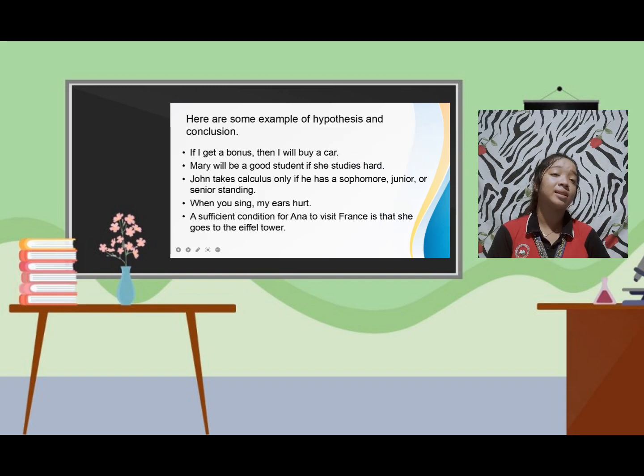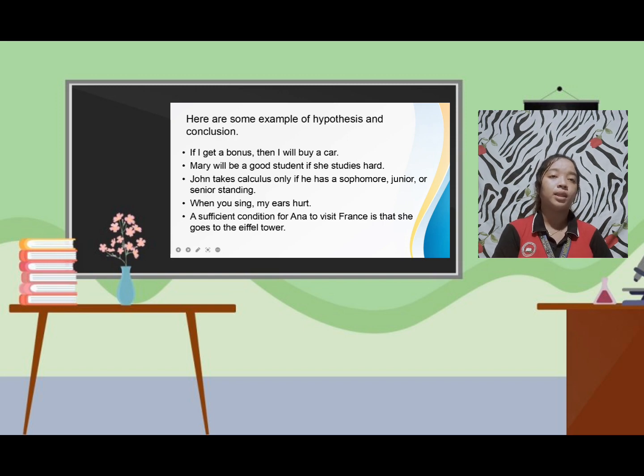Okay? Here are some examples of hypothesis and conclusions. Class, you need to remember that in order for you to find the hypothesis and the conclusion of a sentence, you need to arrange it first into a conditional proposition.